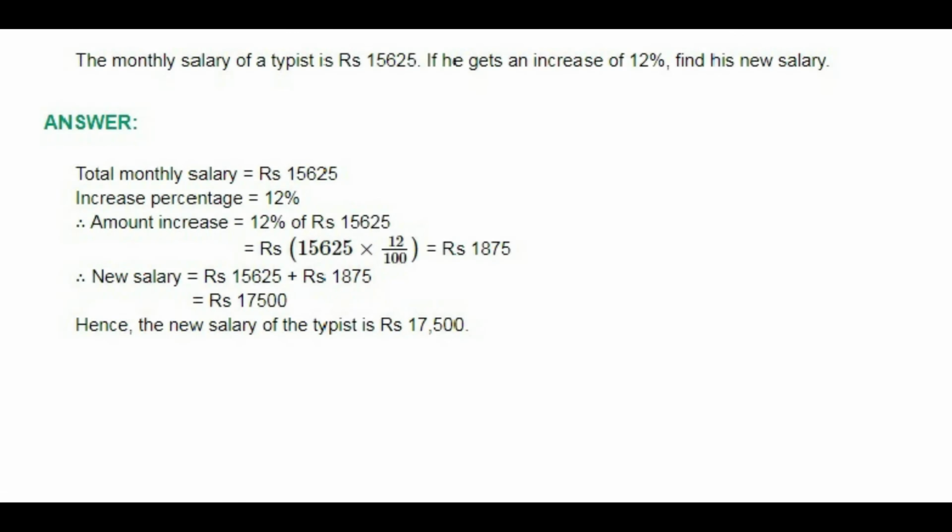So coming to our next sum, this is a good sum. The monthly salary of a typist is rupees 15,625. If he gets an increase of 12%, find his new salary. So the total monthly salary is 15,625, and the increase percent is 12%.